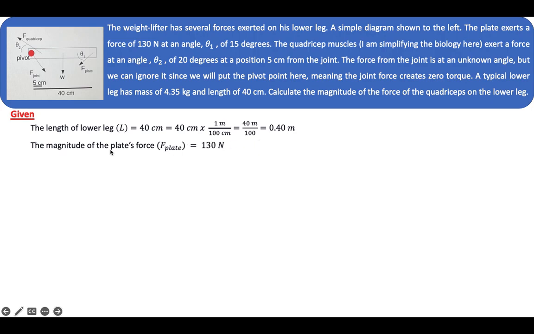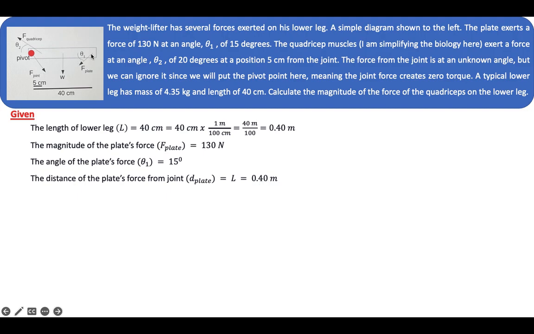The magnitude of the plate force F plate equals 130 newtons. The angle of the plate force θ1 equals 15 degrees. The distance of the plate force from the joint equals L, 0.40 meters, from the joint to the plate force.